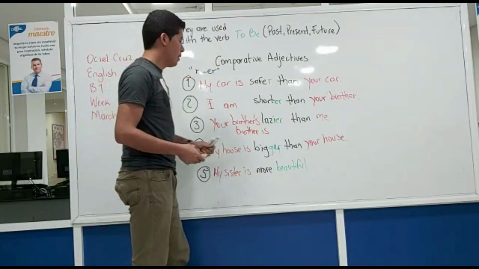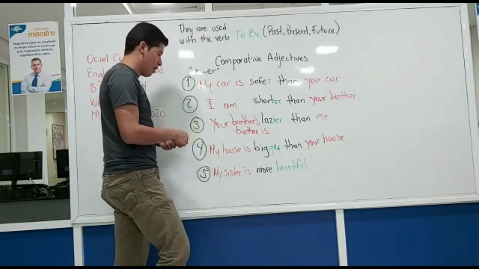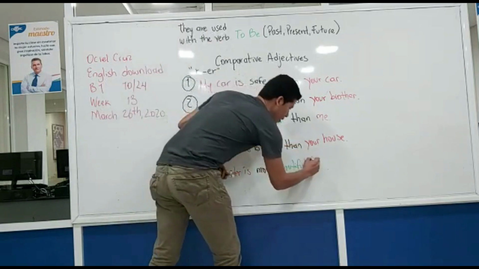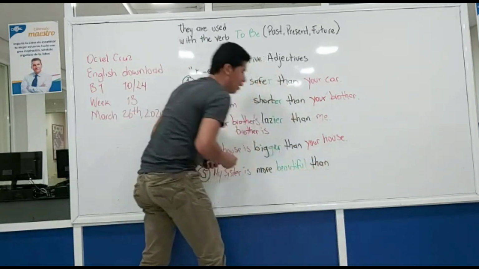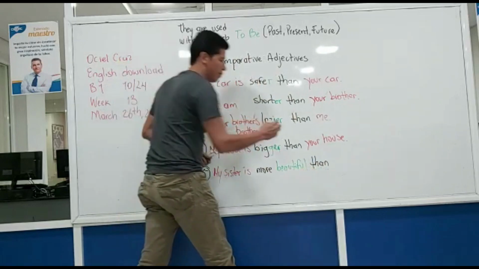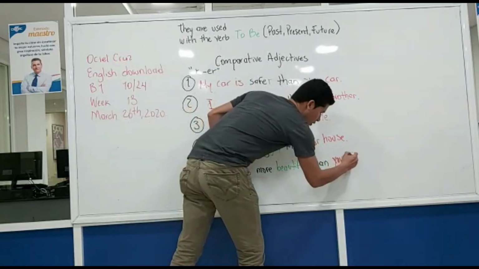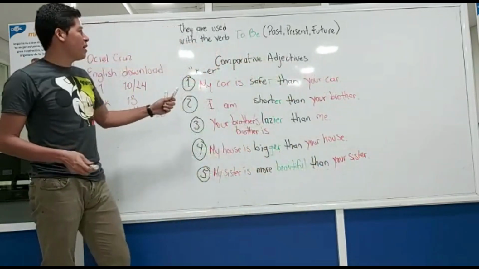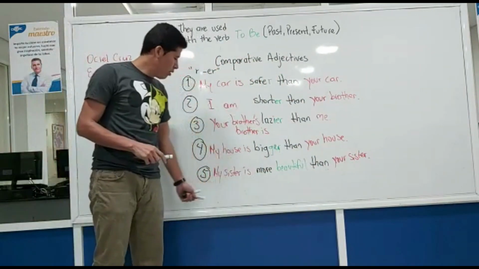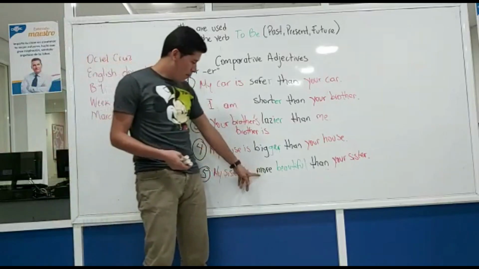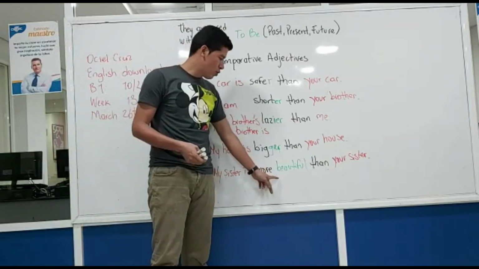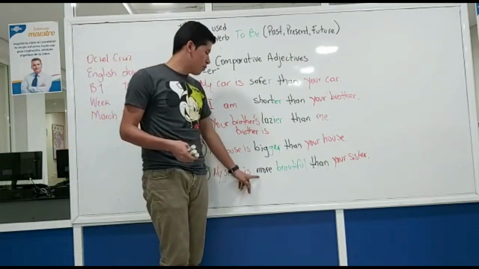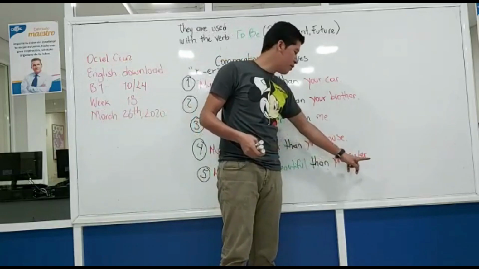I compare my sister with your sister. My sister is more beautiful than your sister. Okay, this is the comparative form with this rule. You always use more with adjectives of more than two syllables. Okay, my sister is more beautiful than your sister.